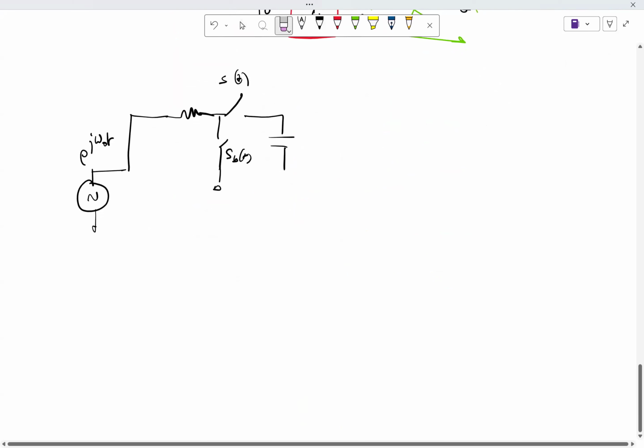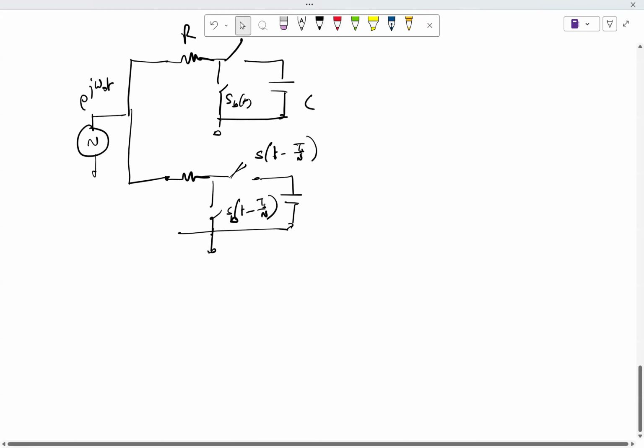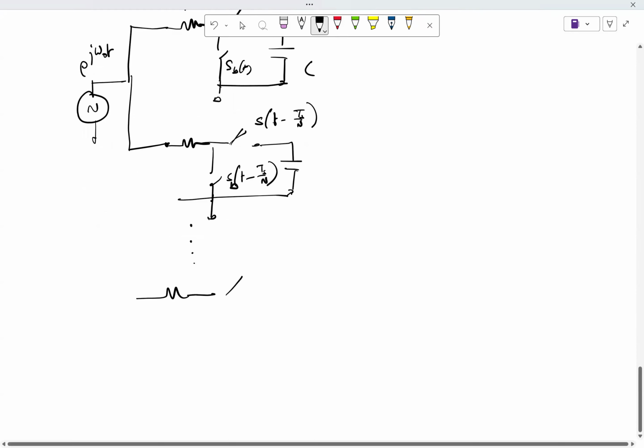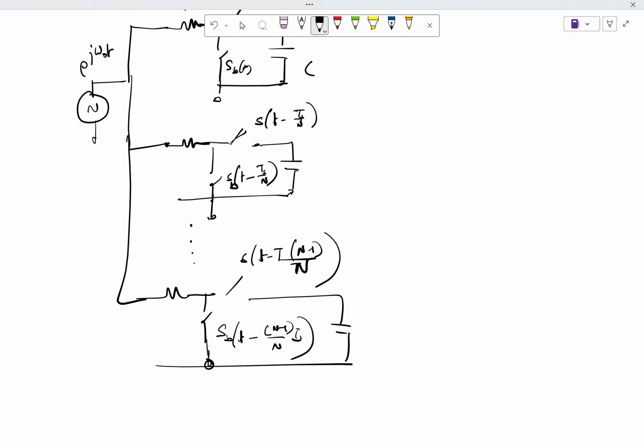All we are doing is saying, I'll copy this same setup and connect the same input, but instead of S of t, this will be S of t minus TS by N, SB of t minus TS by N. And then the last one will be S of t minus TS times N minus 1 by N. Correct?